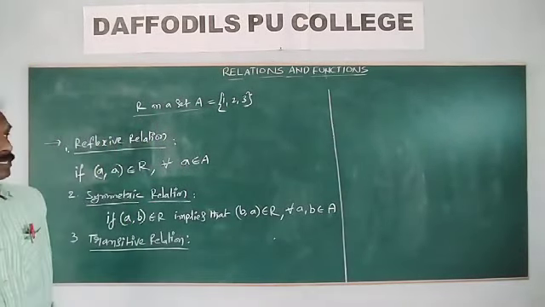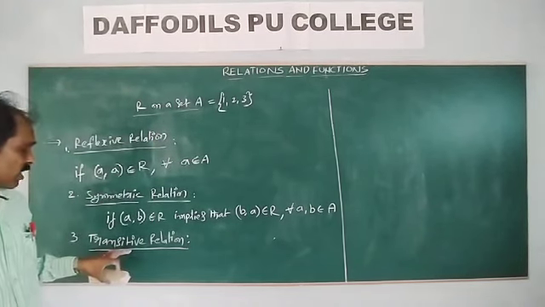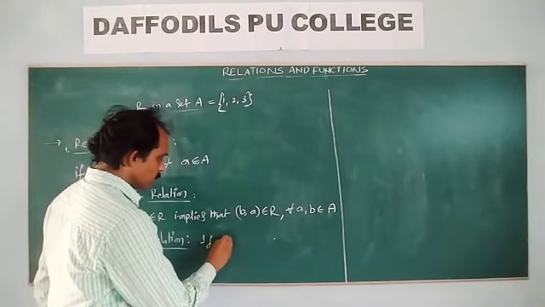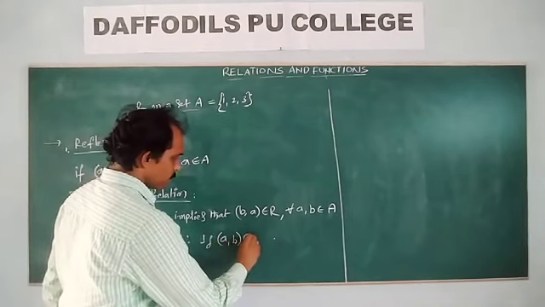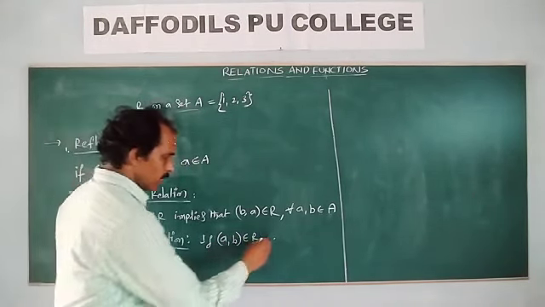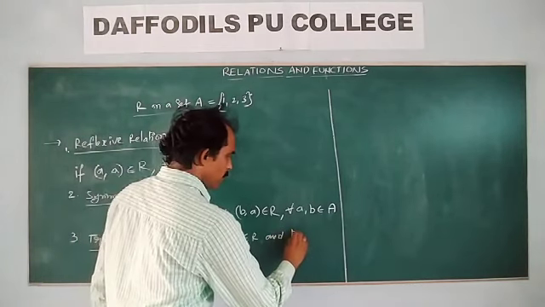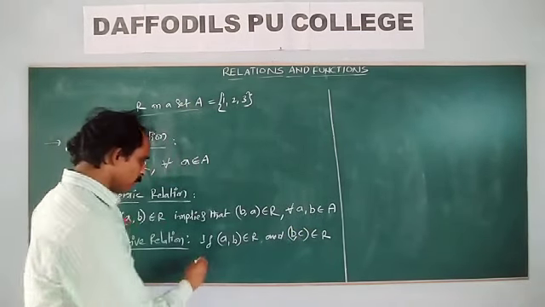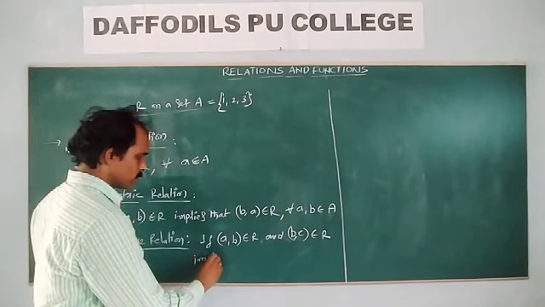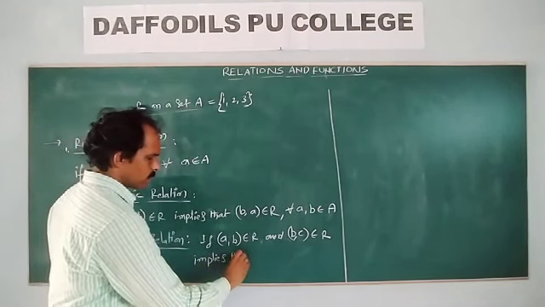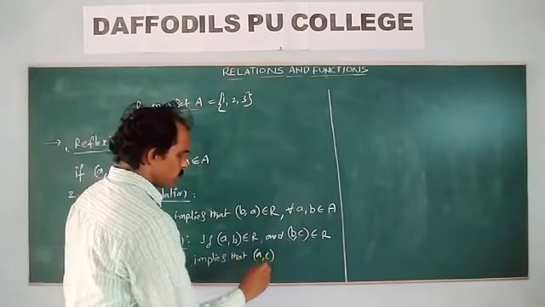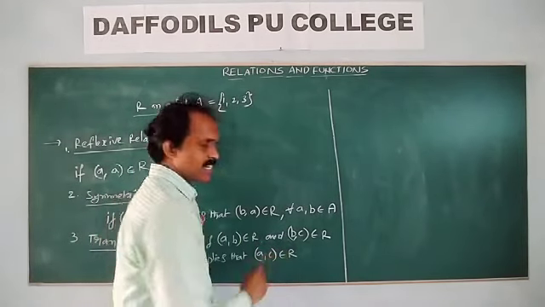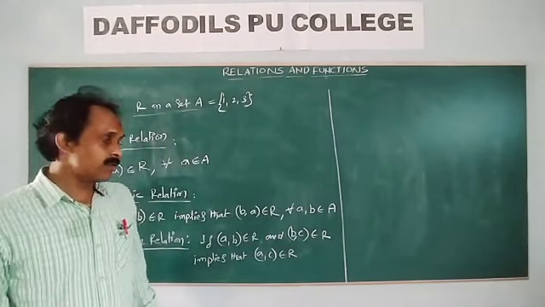A relation R is said to be transitive on set A if (A, B) belongs to R and (B, C) also belongs to R, implies that (A, C) also belongs to R. R means relation, not real numbers.